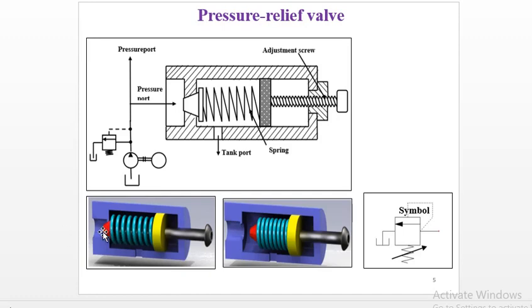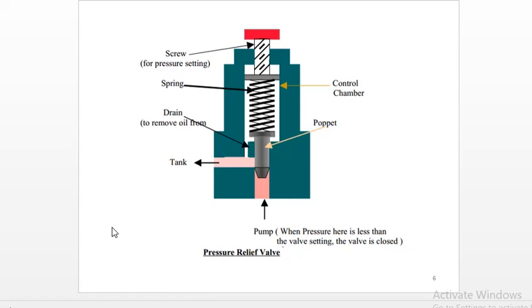Due to that, this poppet will lift up and this port is open to this. After decompression of the spring, this port will close. So the working of this particular valve is very simple.